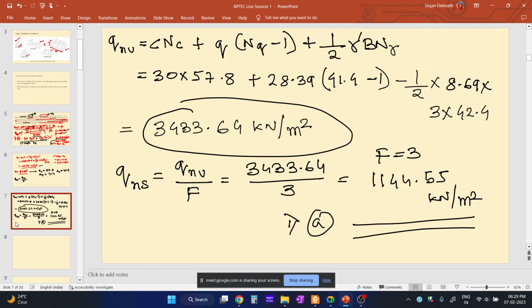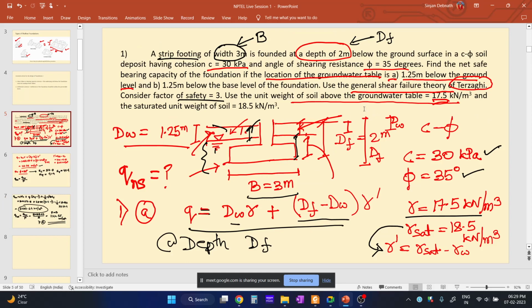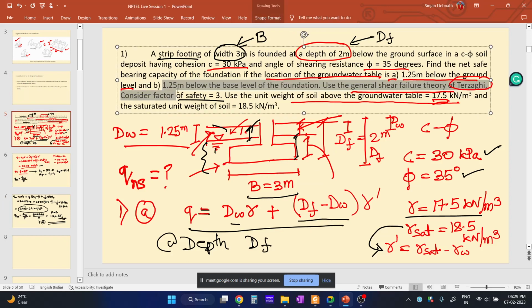So now I'm proceeding to the second part. What was the second part? In the second part, it is showing over here that the groundwater table is 1.25 meter below the base level of the foundation.